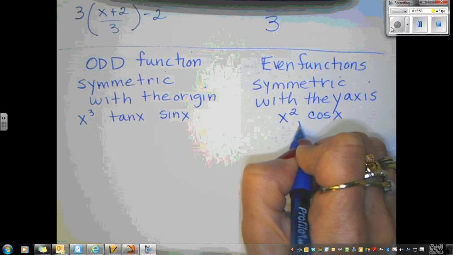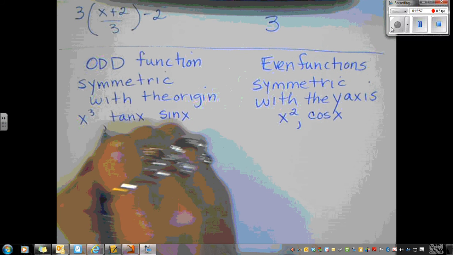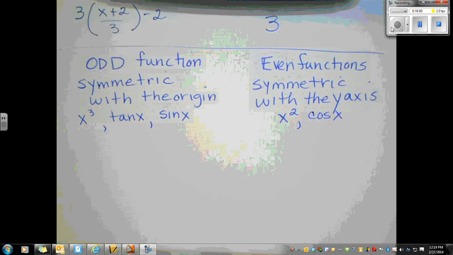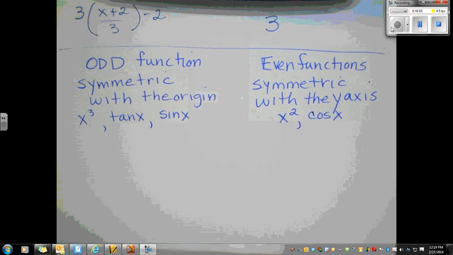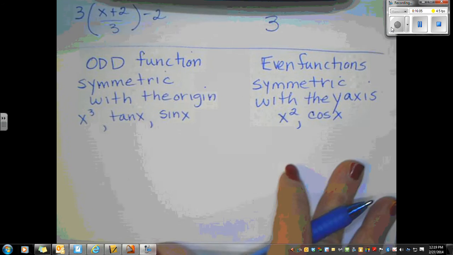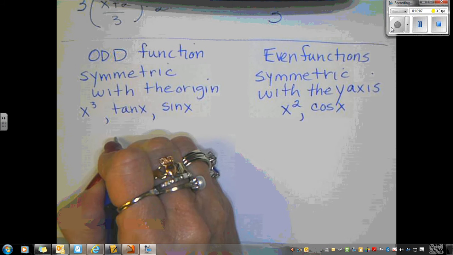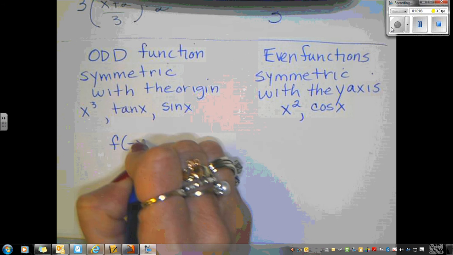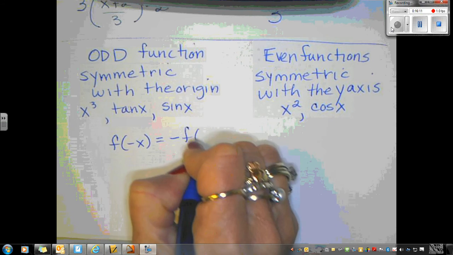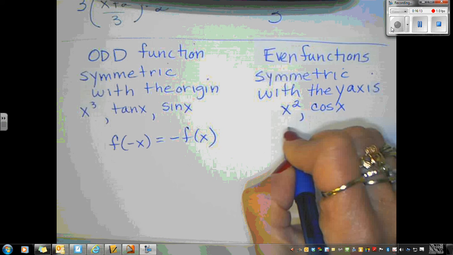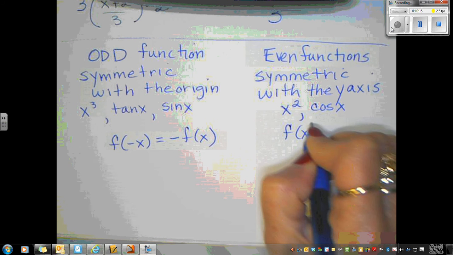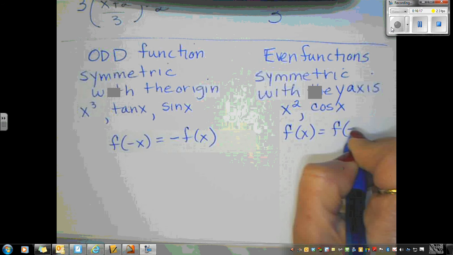Those are both even. These three are all odd. Just for reference in your brain, what they could look like. All right, now, how do I prove this? This is f of negative x equals negative f of x. This one is f of x equals f of negative x.